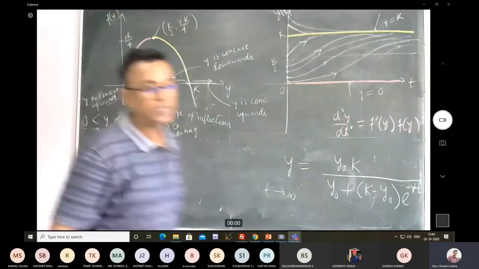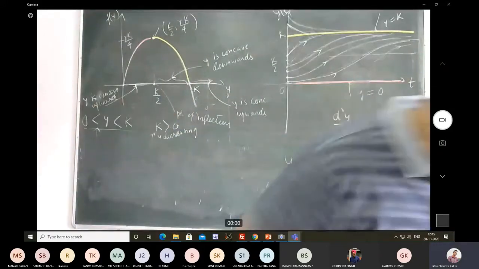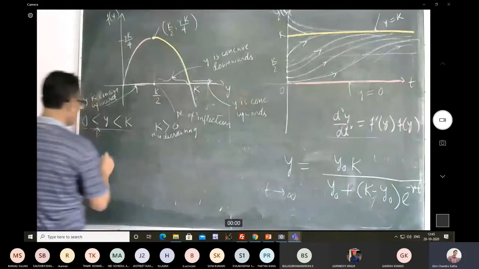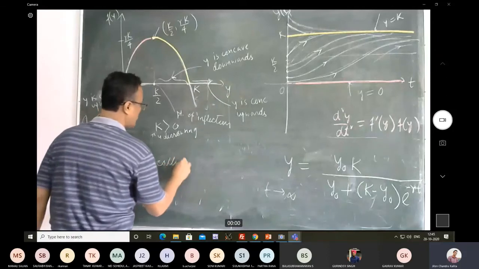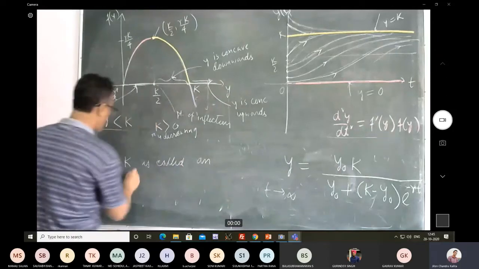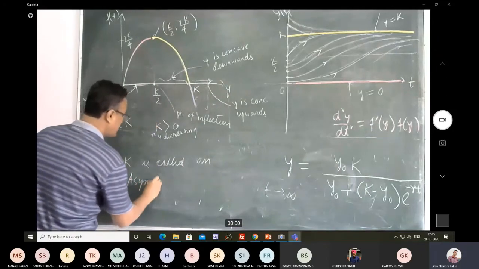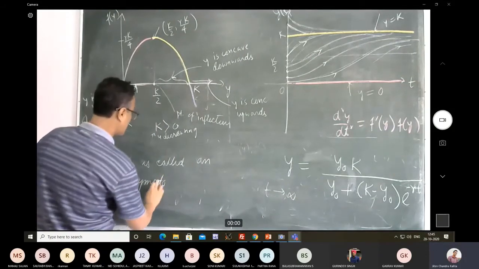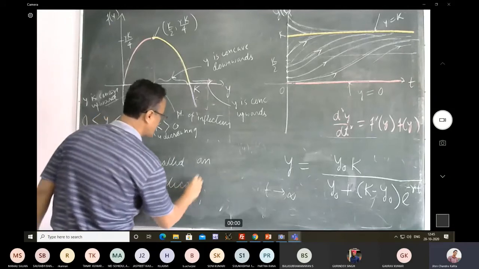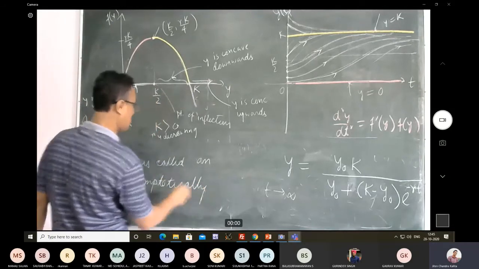That is why the solution y equal to k is called, and this is important, an asymptotically stable solution.